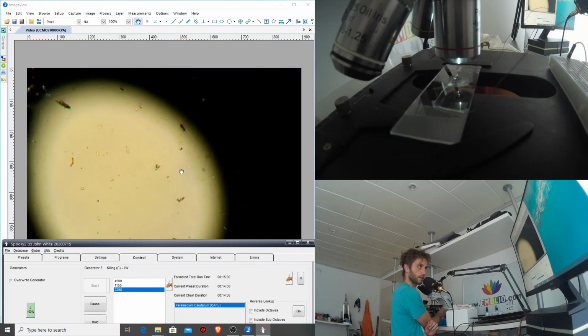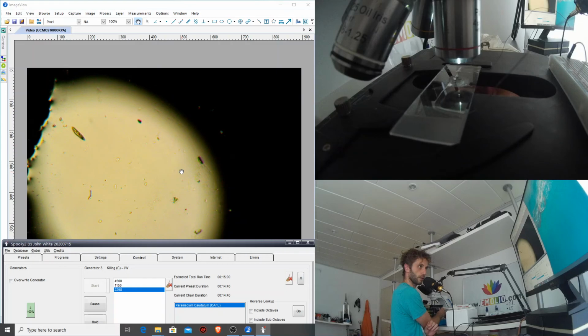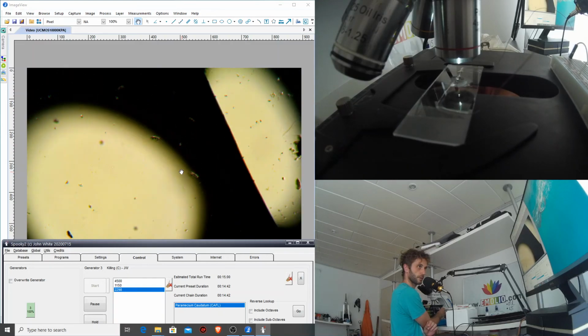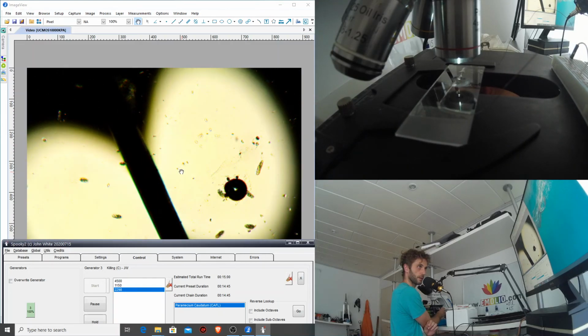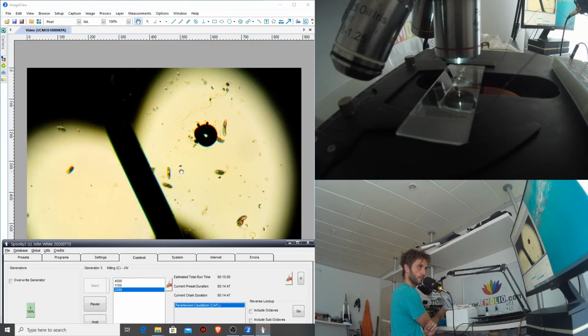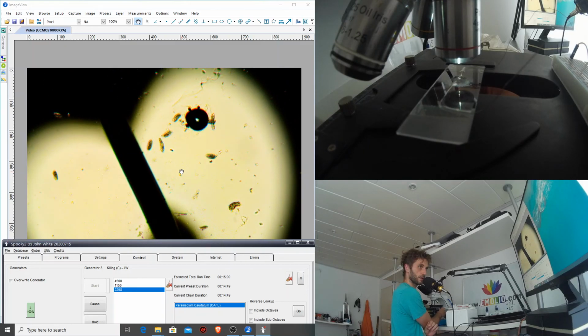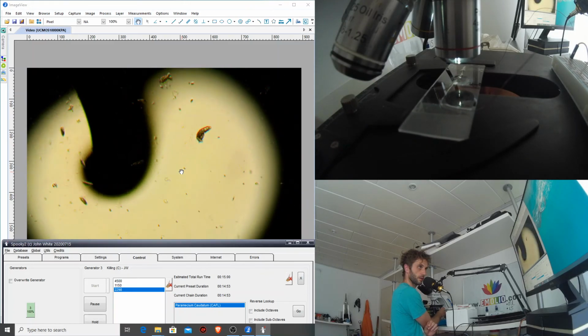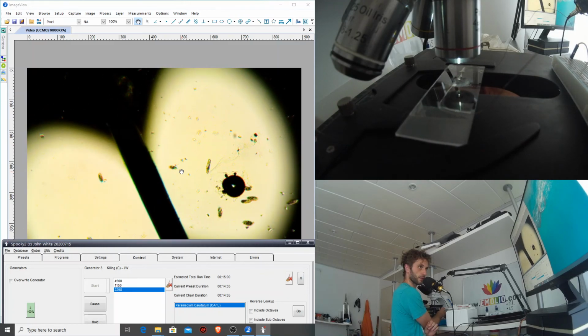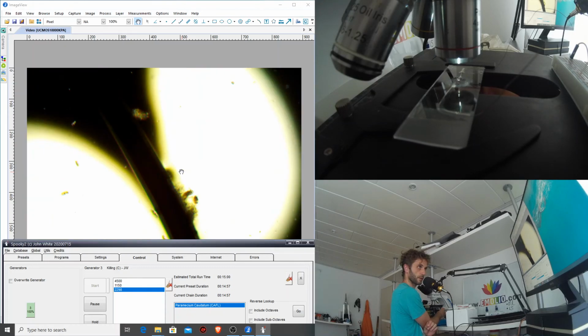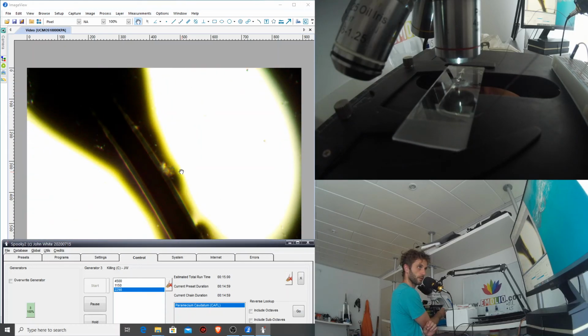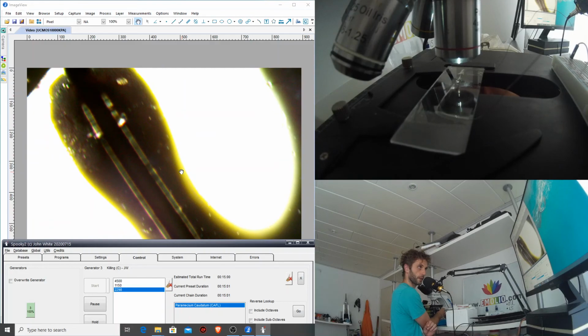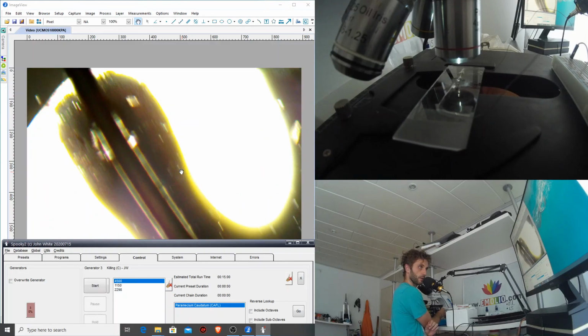Let's see here. Also a little bit of movement. Here we have more movement. But definitely there are some changes if you put this frequency.